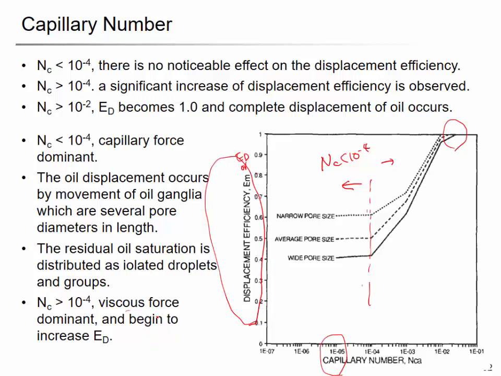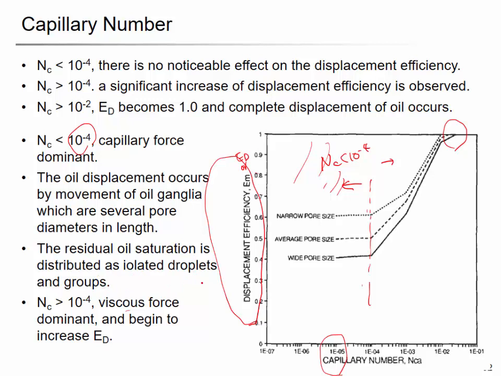So when the capillary number is less than this one, in this capillary dominant region, oil displacement occurs by the movement of the oil ganglia, which are several pore diameters in length. And residual saturation is distributed as isolated droplets and groups.